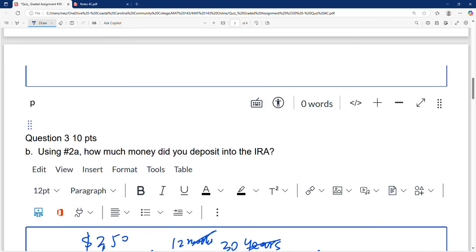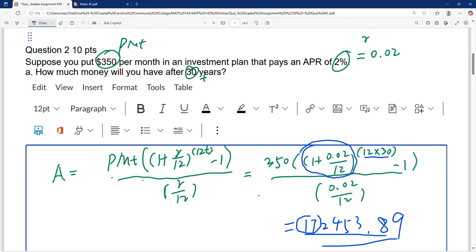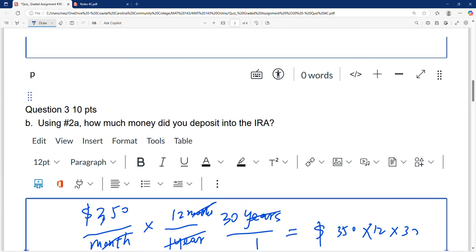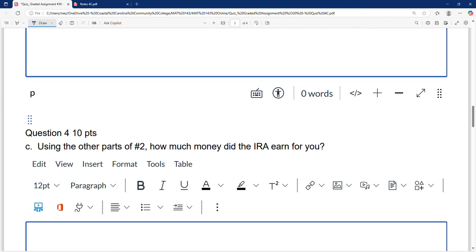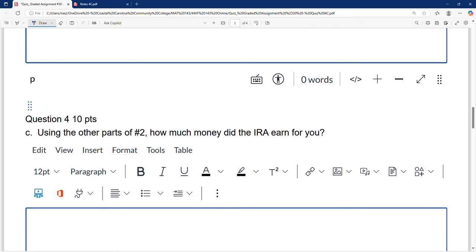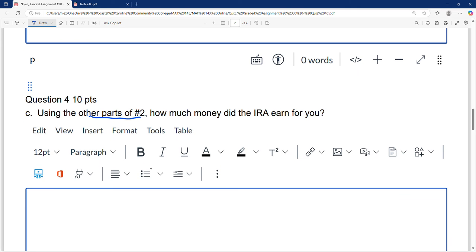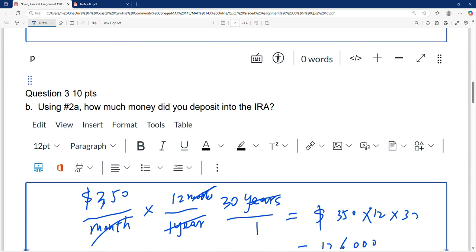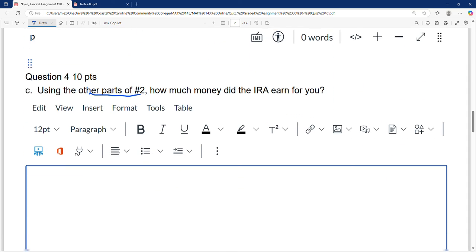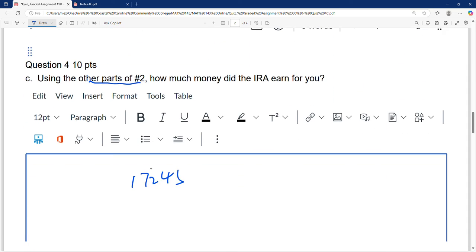The key is to do question 2 right, because question 3 is just the difference between question 2 and question 4. Use the other parts of number 2. How much money did the IRA earn for you? You should use the value from number 2, 172,453.89 minus 126,000.